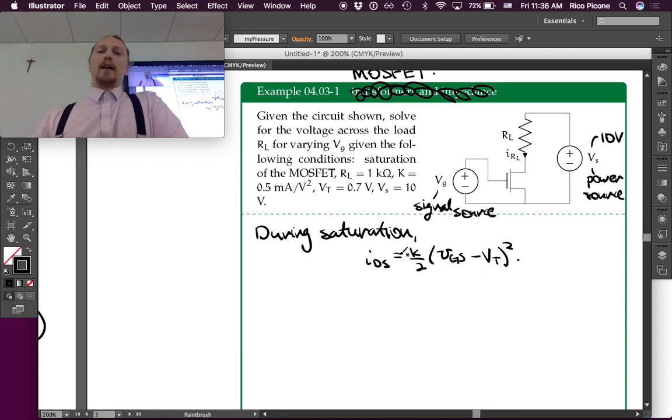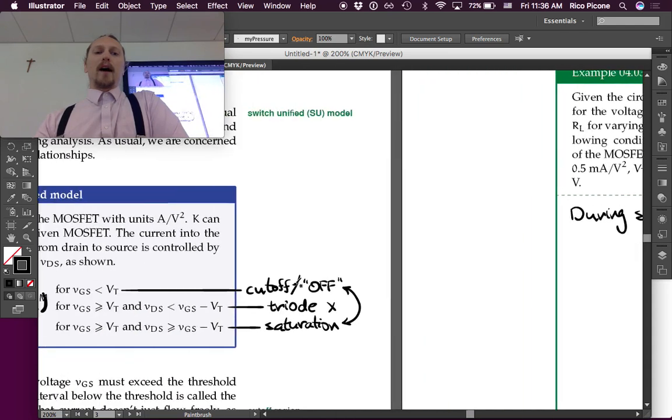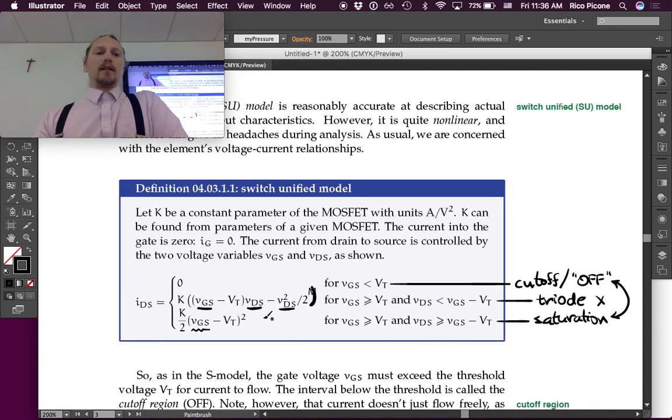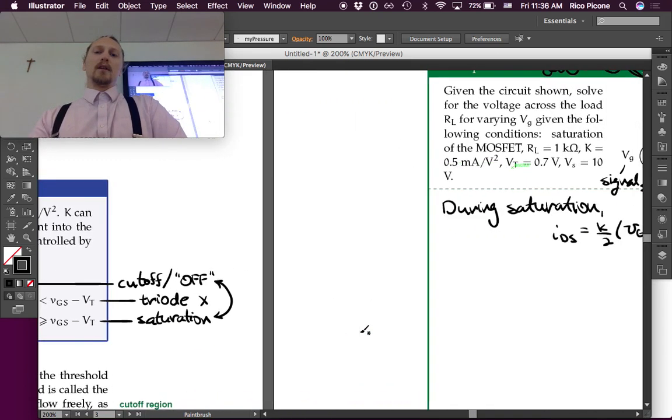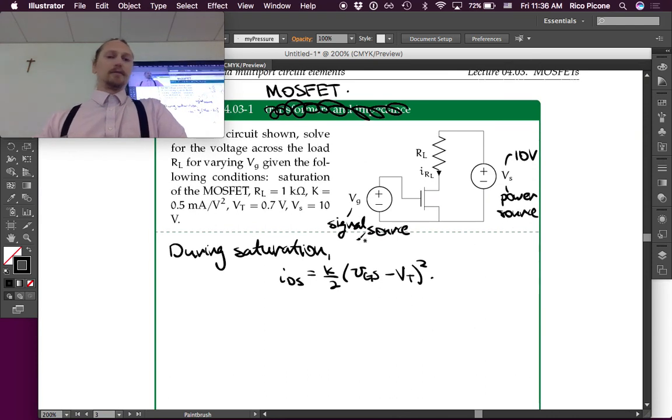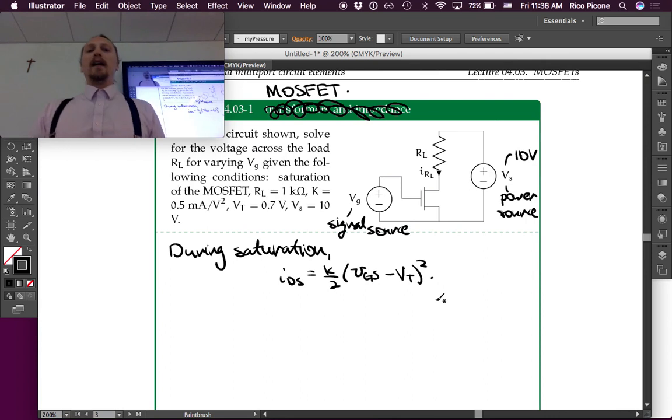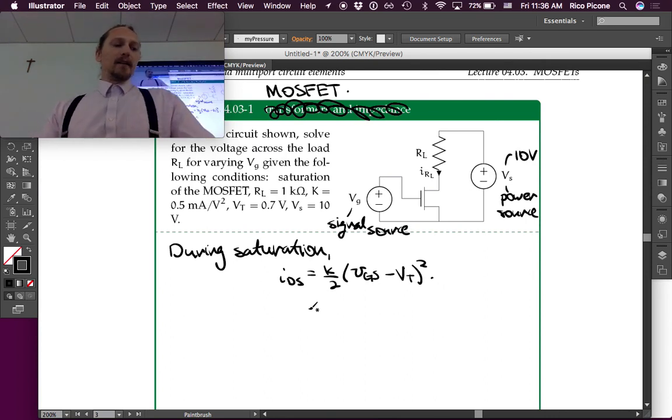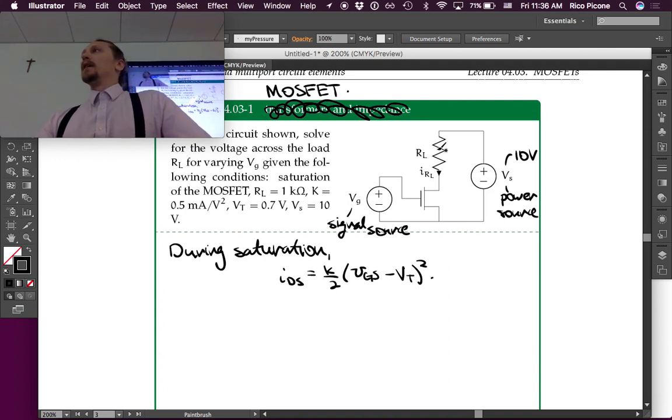That is straight out of our switch unified model for the saturation region. We just copied that formula over. Bam. Okay, so we've got that. What we want to know is what the voltage across the load is going to be when this is true.